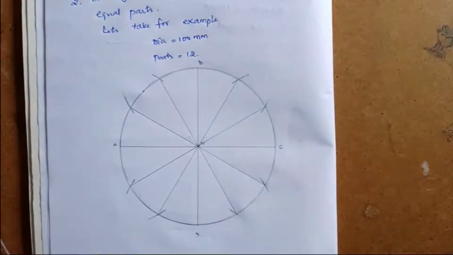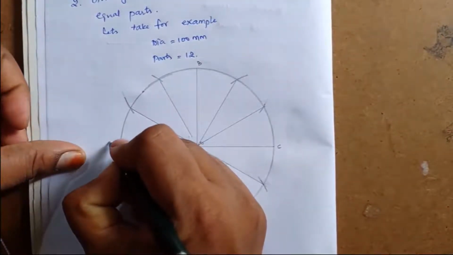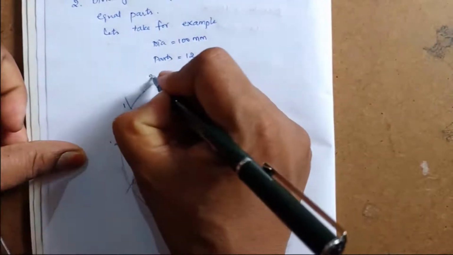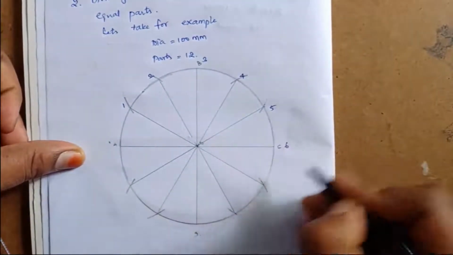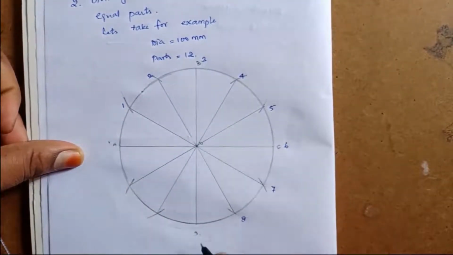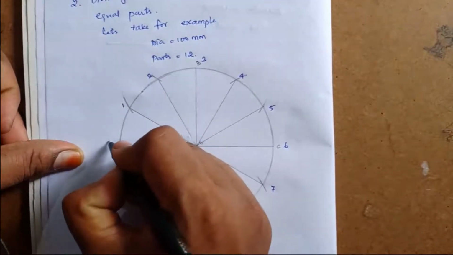So now the circle has been divided into 12 equal parts: 1, 2, 3, 4, 5, 6, 7, 8, 9, 10, 11, 12.